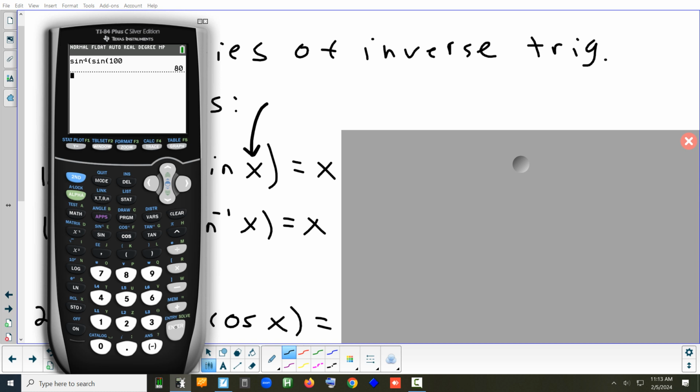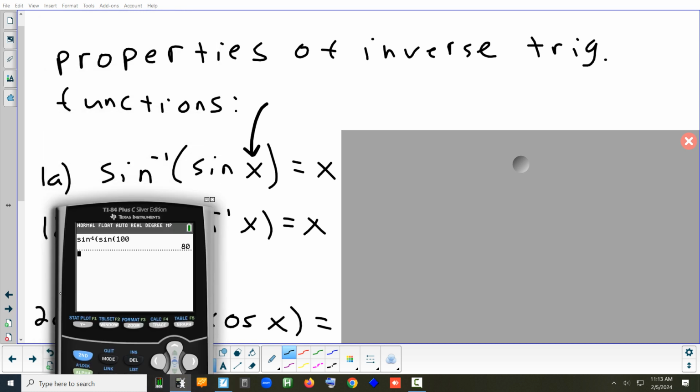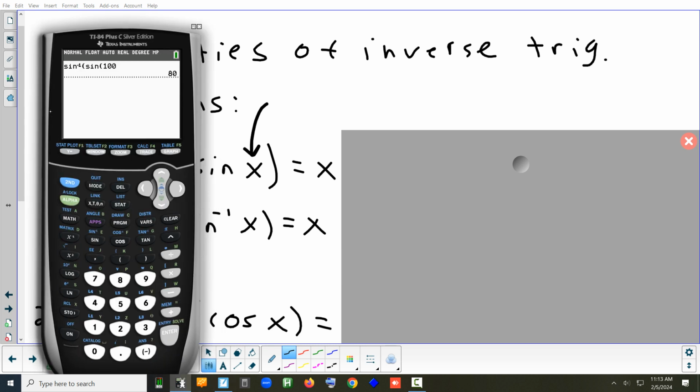I got back 80. Now, I'm saying that you're supposed to always get back the same thing you started with. And you will, under a certain condition. And it has to do with the domains that we set up. If I do the inverse sine of the sine of 50, that one worked fine. The inverse sine of the sine of negative 37, that one works fine.